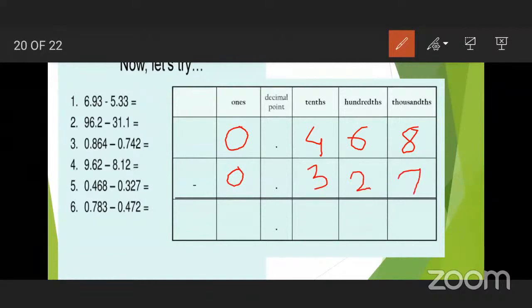Now do the subtraction. 8 minus 7 is 1. 6 minus 2, 4. 4 minus 3, 1. 0 minus 0, 0. So read the answer. 0.141.